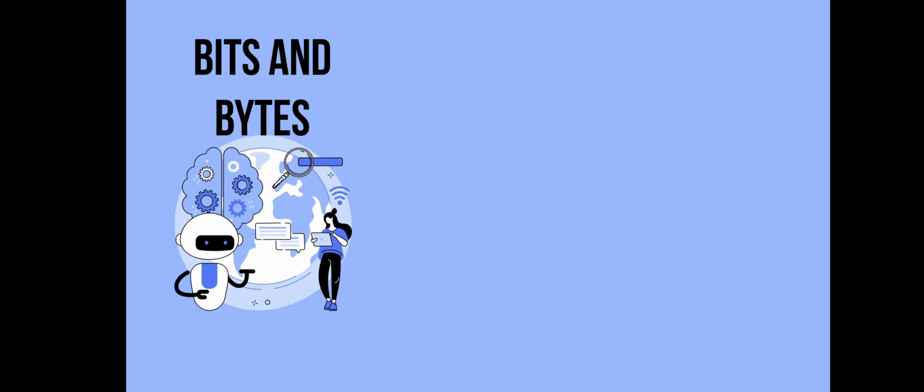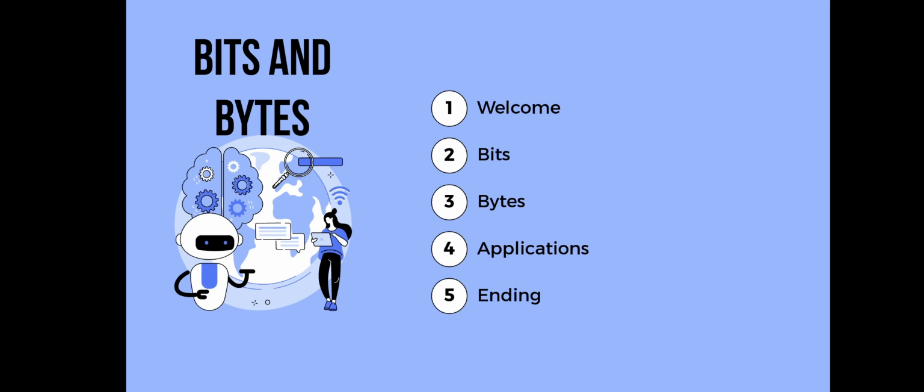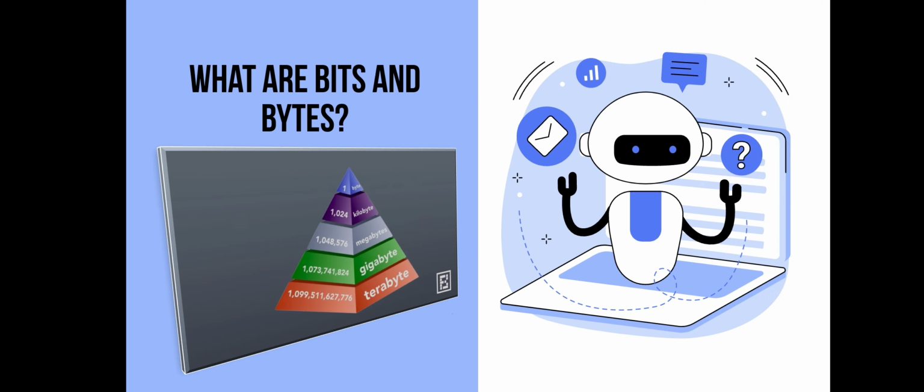On the board now, you may see the summaries of this week's topics. So, what are the quick definitions of bits and bytes? A byte is the unit computers use to represent a character such as a letter, number, or typographic symbol.